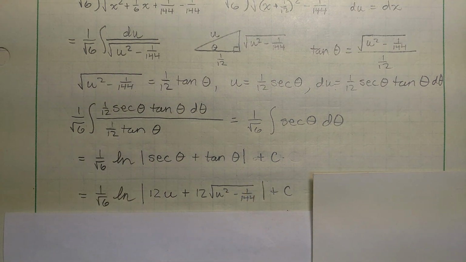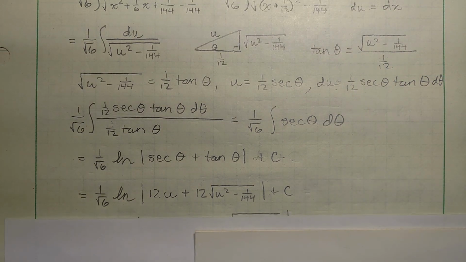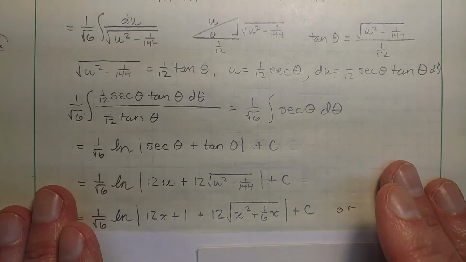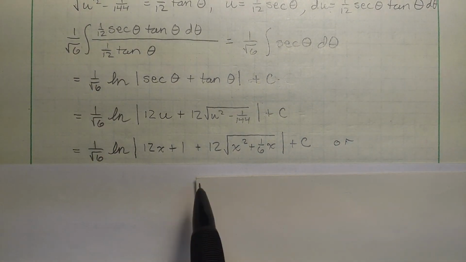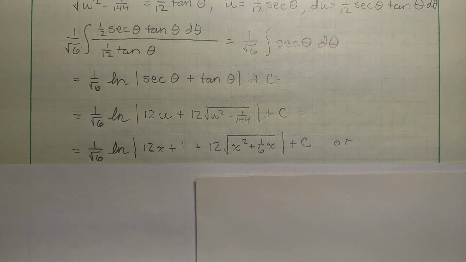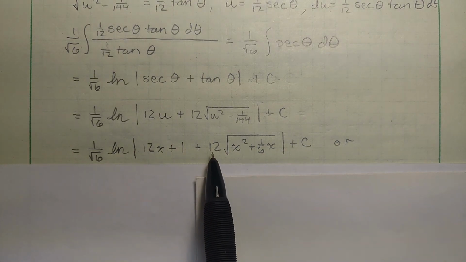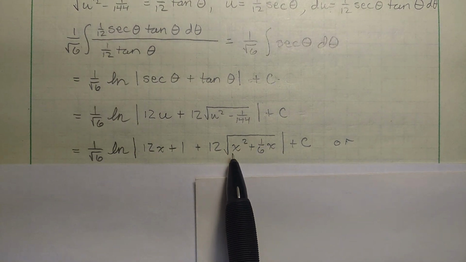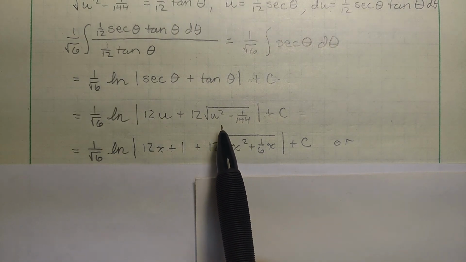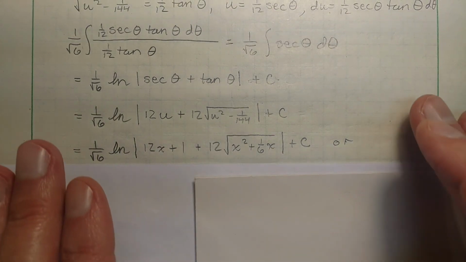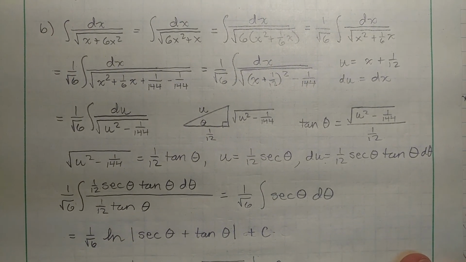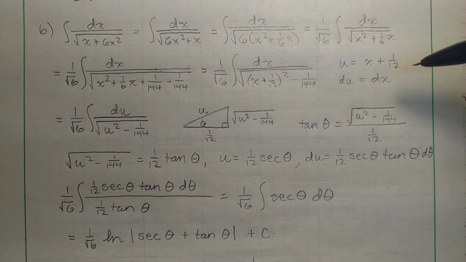Now I do want to get it back in terms of x. So going back, if you remember that u, back when we very first substituted on this, we saw that u was x plus 1/12. So now I will put in x plus 1/12. Notice if I go 12 times x plus 1/12, I get 12x plus 1. And then this plus 12. And then this u squared minus 144, remember that's all just a way of simplifying down.